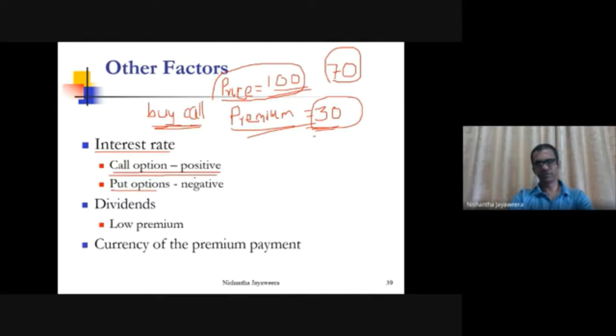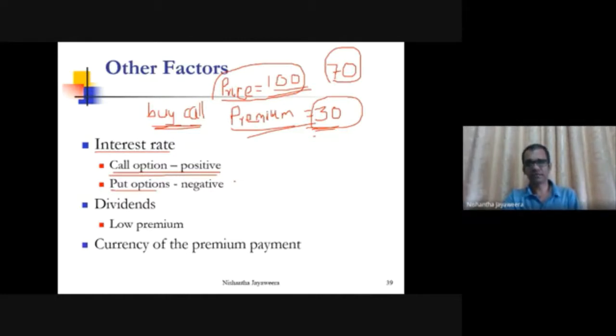Then why don't you sell it today? If you sell it today, and the price of the underlying asset goes down in the future, you can buy it back at the lower rate and realize that gain. When the interest rates are high, you don't have to pay the premium if you sell the asset outright.